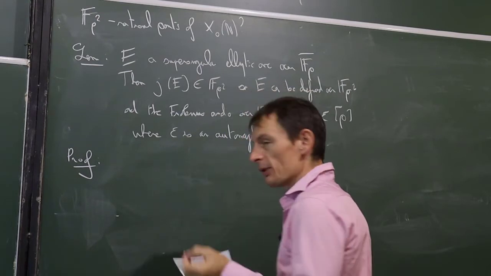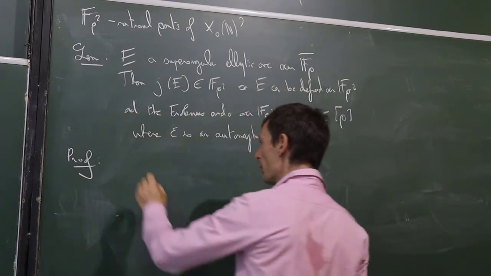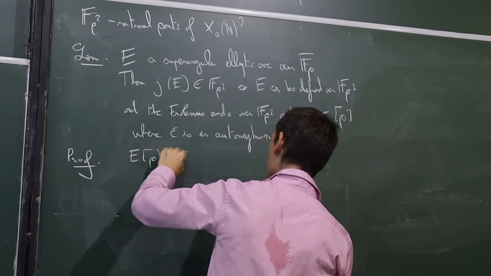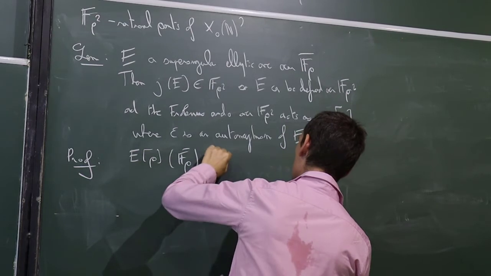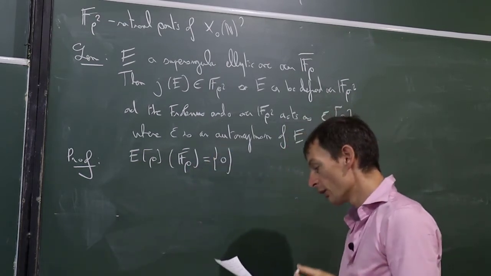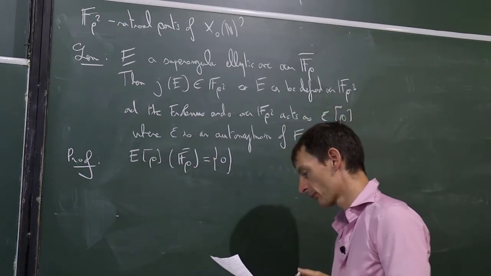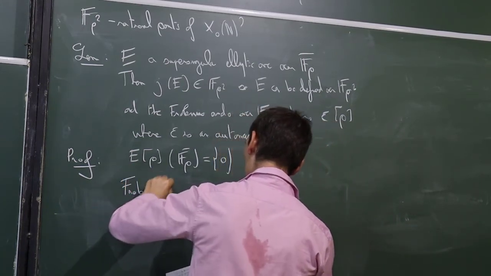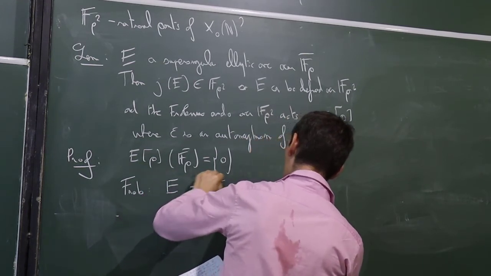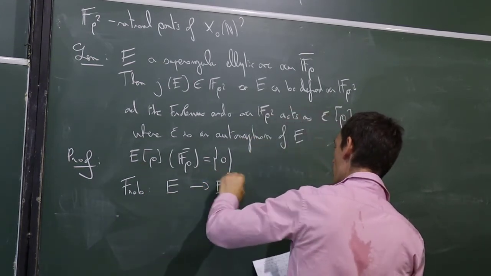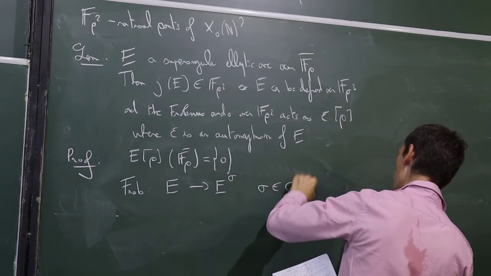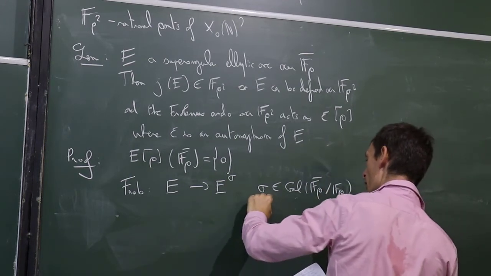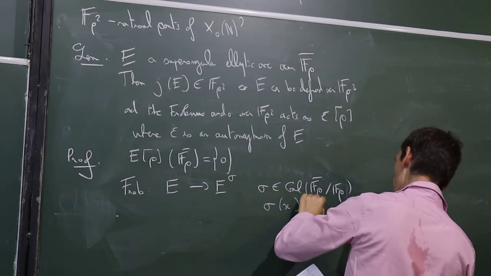So E supersingular. There are plenty of characterizations of being supersingular, but the one I will take is that E[p] over Fp bar is empty. Well, is 0. So there are no p-torsion points. Now if I take the Frobenius, which goes from E to E^sigma, where sigma inside Gal(Fp bar over Fp) is just sigma of x is x^p.